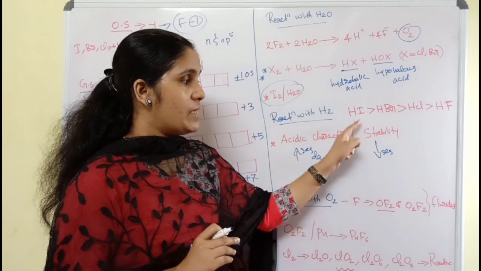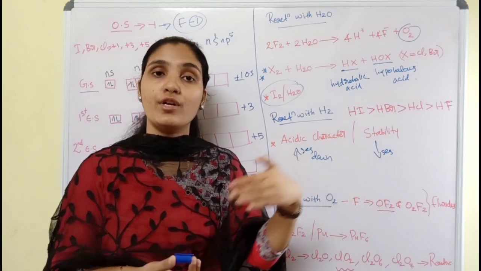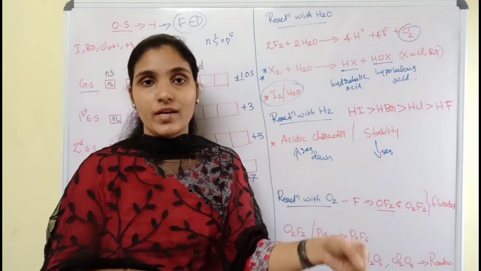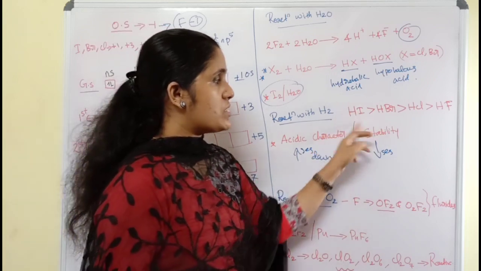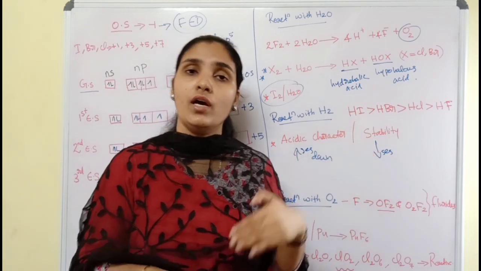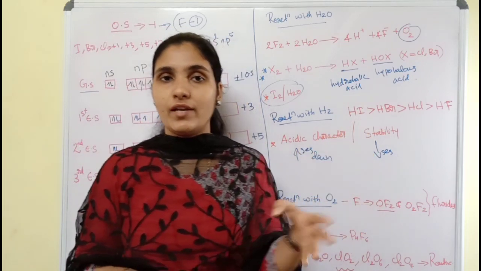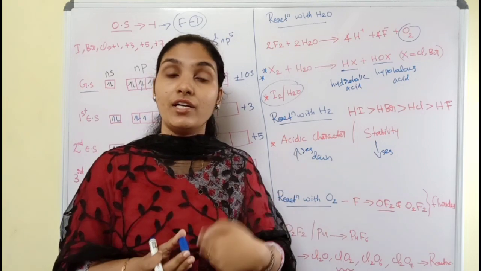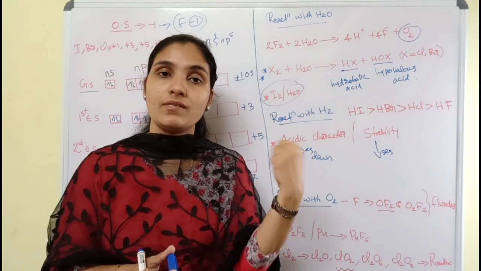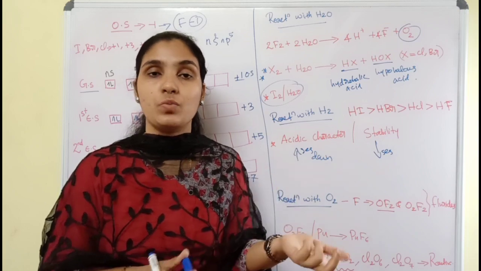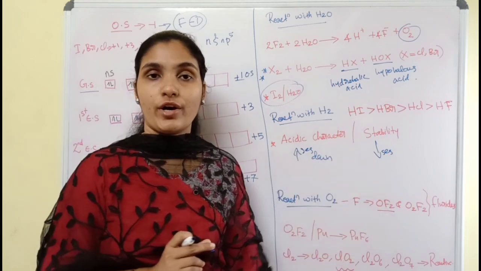Thermal stability decreases means bond dissociation enthalpy also decreases. When we reach hydrogen iodide, the bond dissociation enthalpy will be very low. The iodine-hydrogen bond can be cleaved very easily, so H plus can be released fast, and that is why HI is the strongest acid.